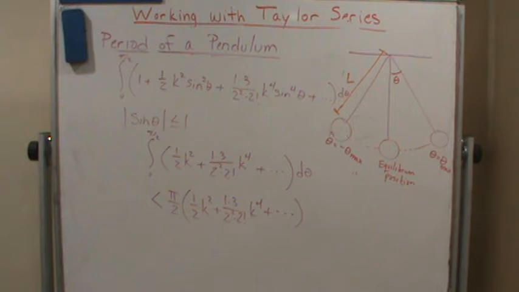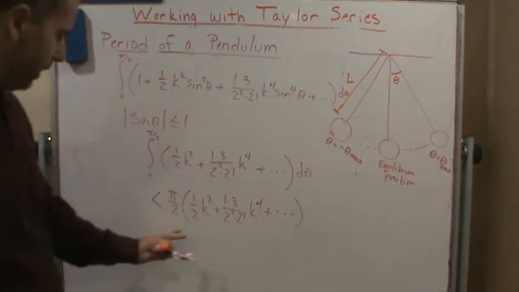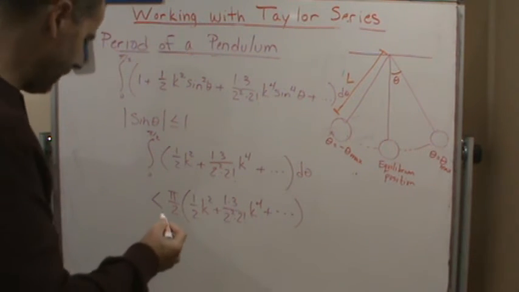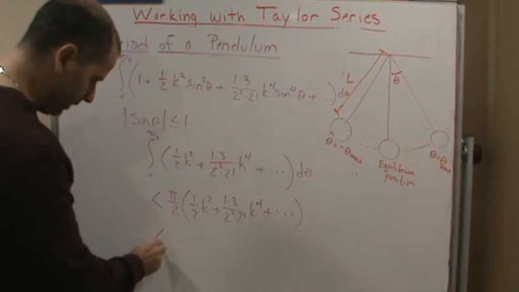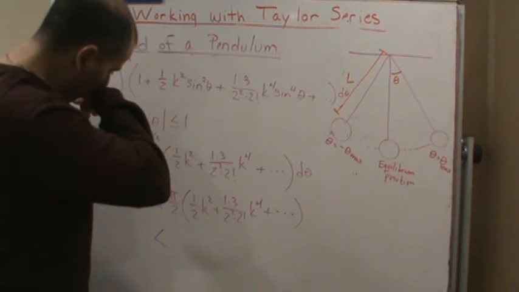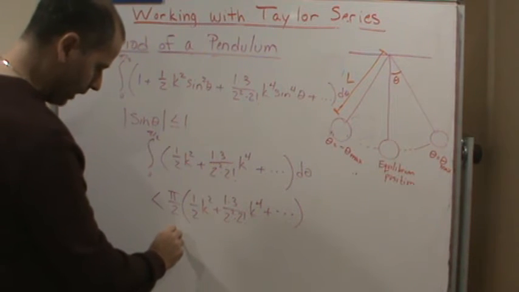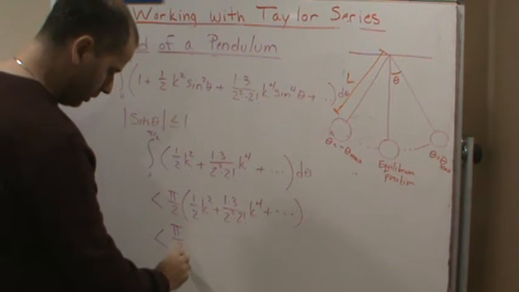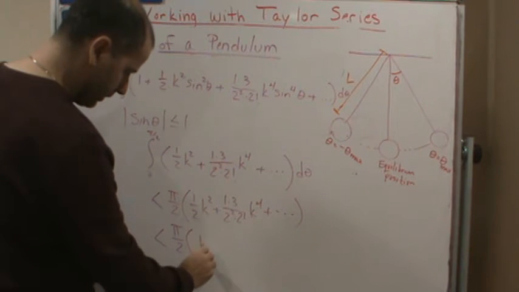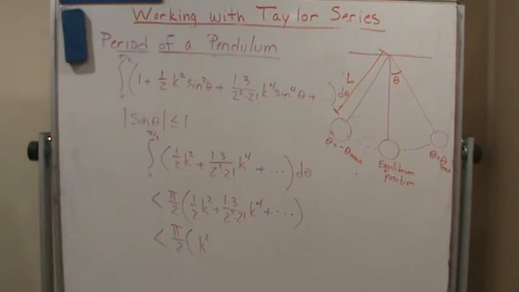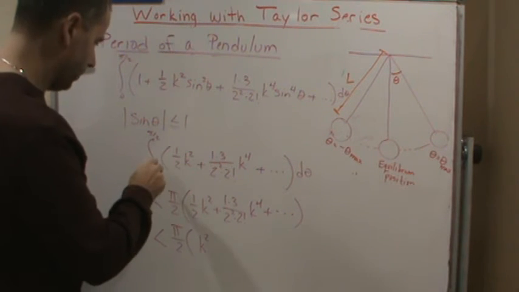And so if all of these are less than 1, then this is going to be less than, well, we're just going to replace these all with 1. And so this becomes pi over 2 times, hold on, there should be a 1 here.